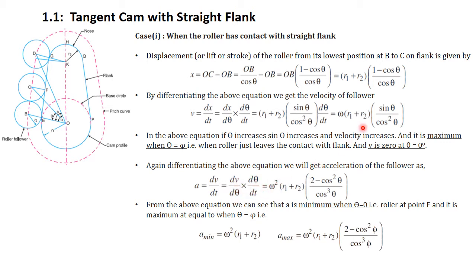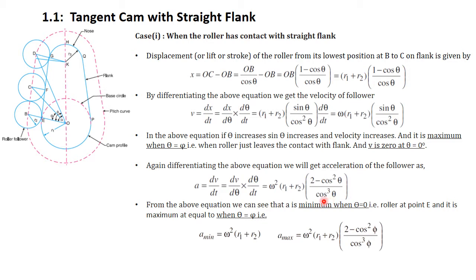Now differentiating this equation, we get acceleration as ω² (r1 + r2)(2 − cos² θ) / cos³ θ.